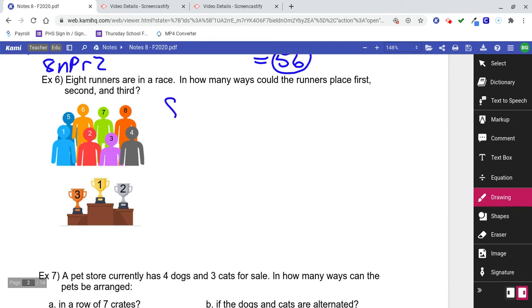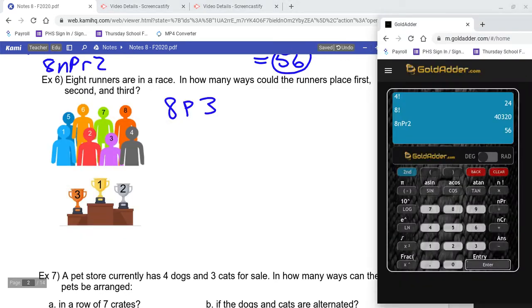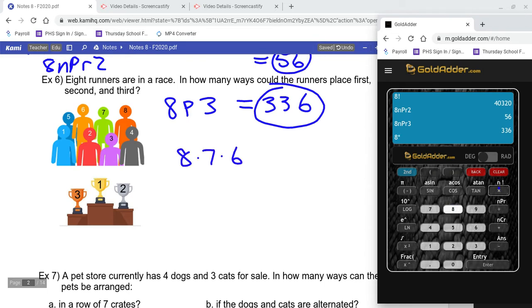And so this is a simple permutation problem, 8P3. 8P3 is 336, or 8 times 7 times 6. Because it's the first 3 pieces of the factorial.